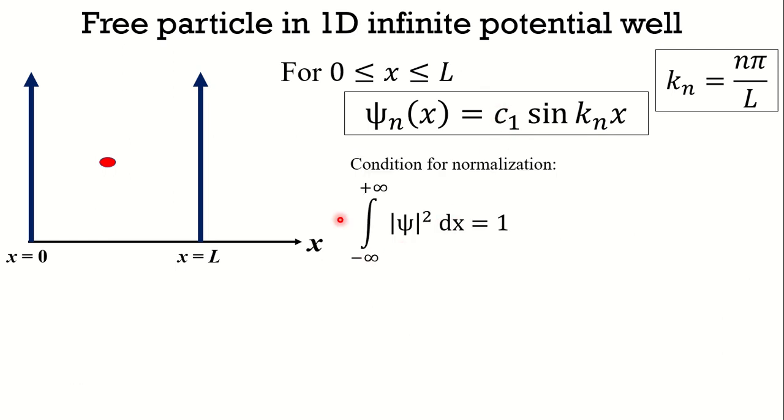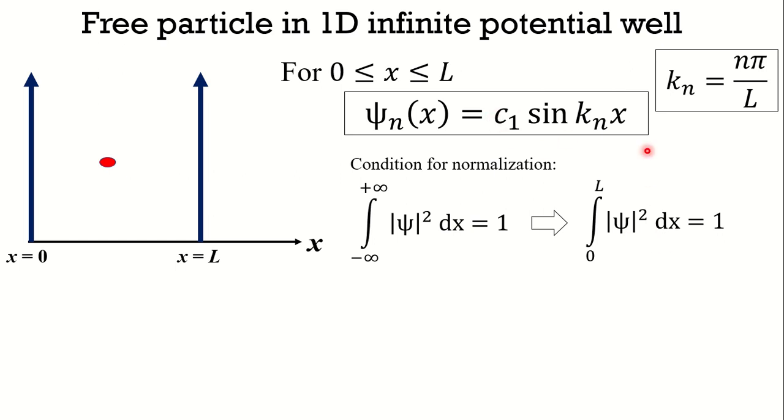It is important to note that the particle is only free inside the box, and the wave function has a finite value only inside this box, and it is 0 everywhere else. That is, psi is finite only between 0 and L. So I can change the integration limits from minus infinity to plus infinity to 0 to L, as everywhere else psi is 0.